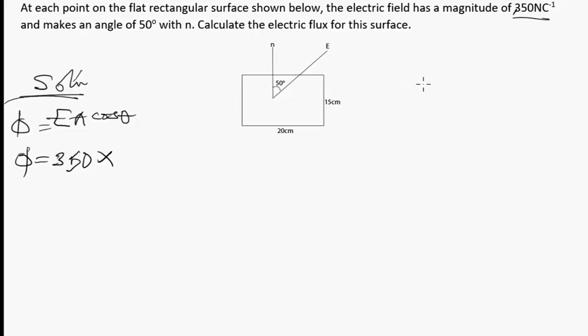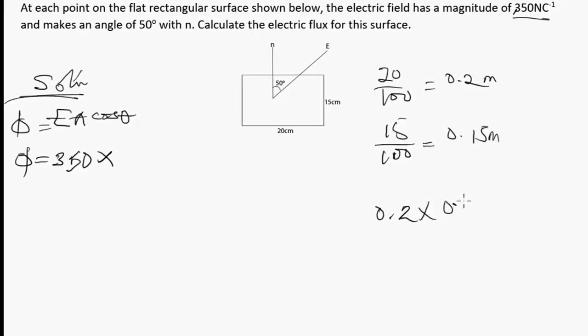So we're going to convert the 20 cm to the standard unit in meters, and 20 cm is 20 over 100 meters, which is 0.2 meters, and then 15 cm in meters is 15 over 100, which is 0.15 meters.